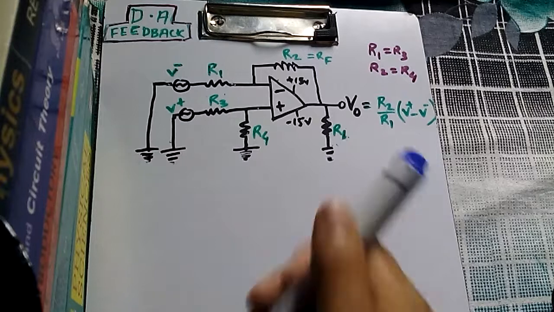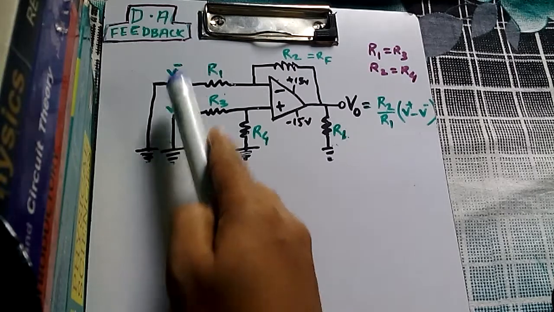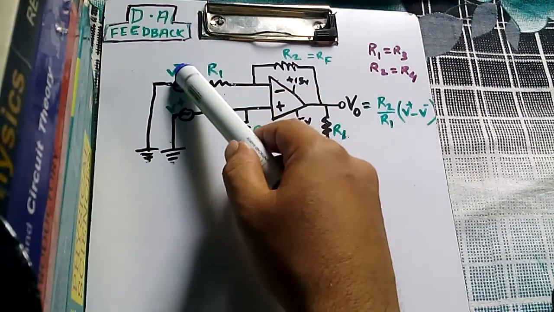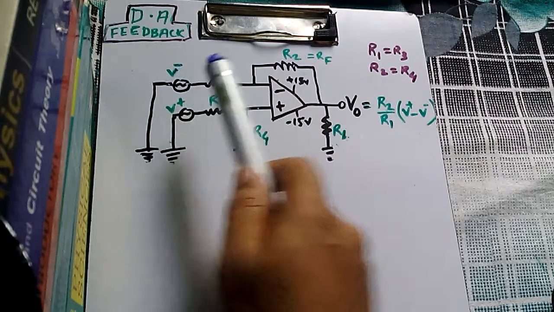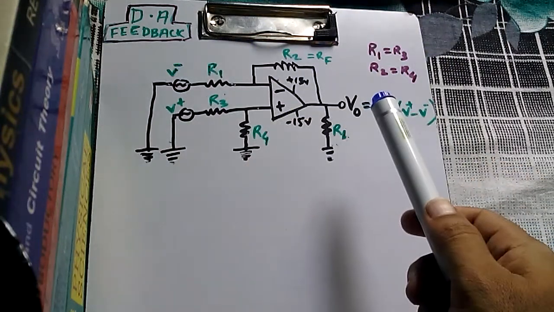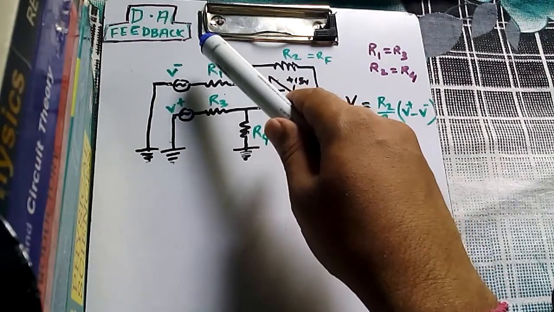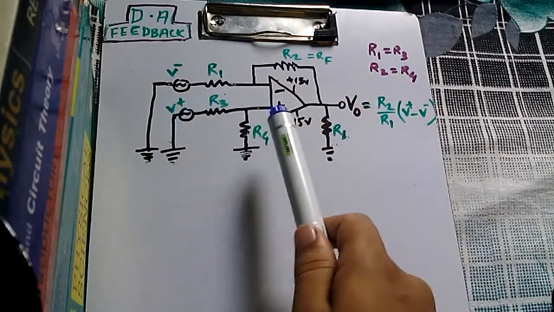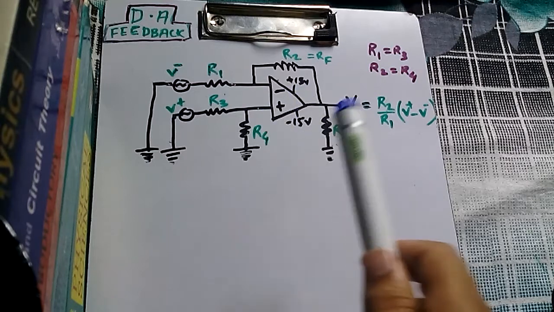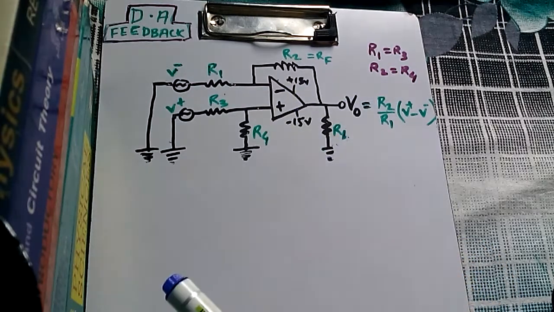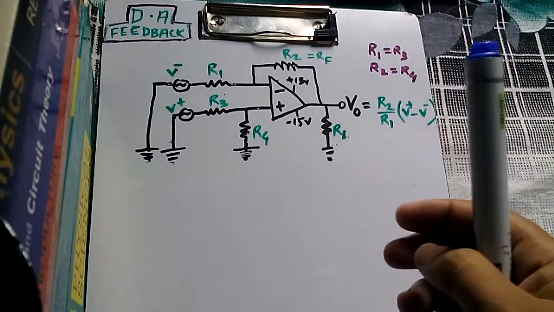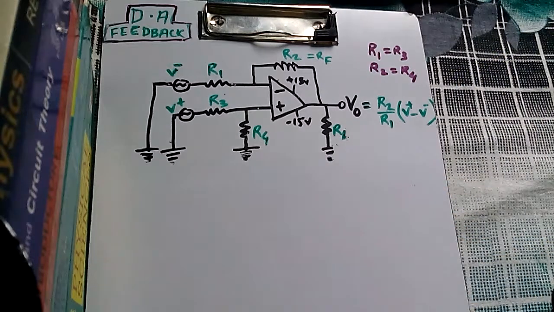The first step is we eliminate this voltage, and only this voltage will be available to the negative terminal, and under this condition we find the output. The second step is we eliminate this voltage, and this voltage will be available to the positive terminal, and under this condition we find the output. The third step is we add those two outputs from the first and the second, and that addition is our final output voltage.